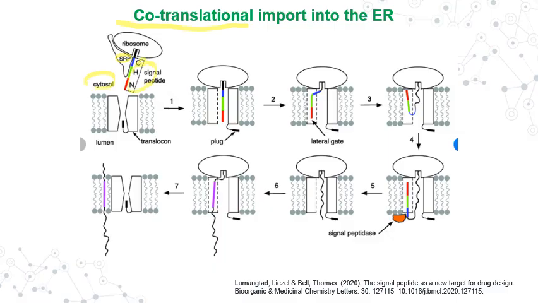This is in the cytosol. Here it is not showing the receptor, but remember you are using GTP energy for this binding. So now you are going to push your N-terminus into this translocator.